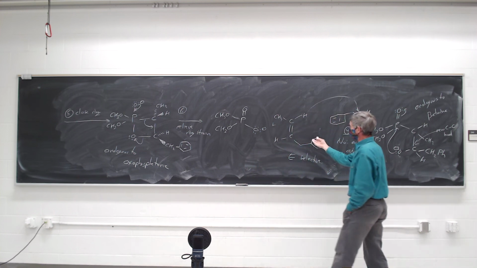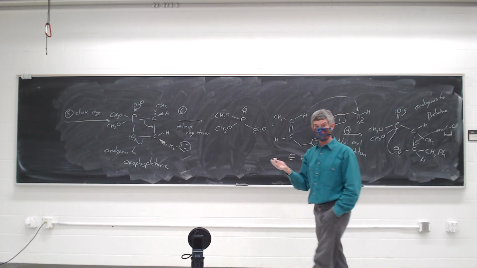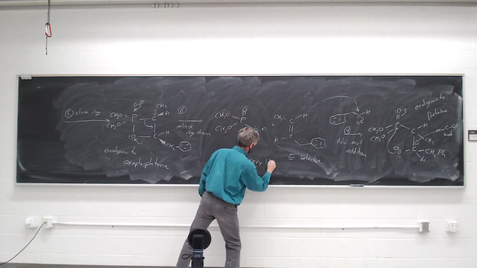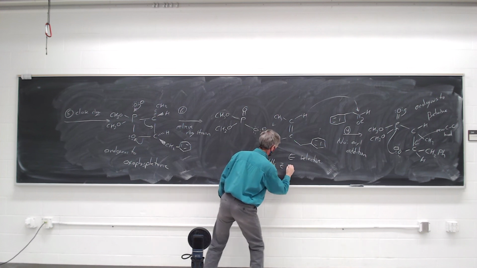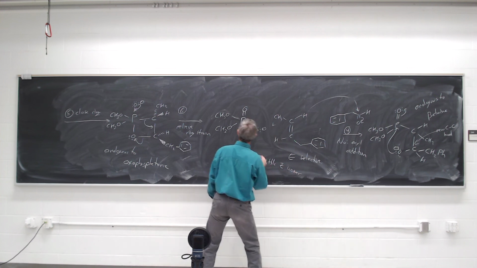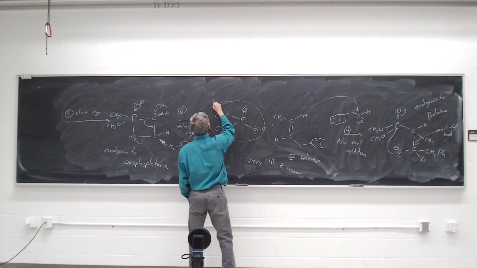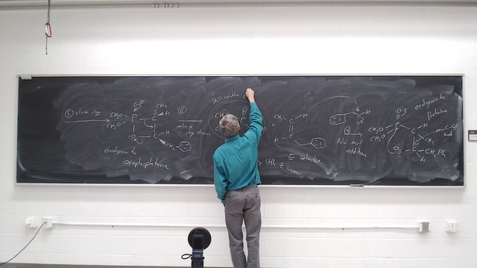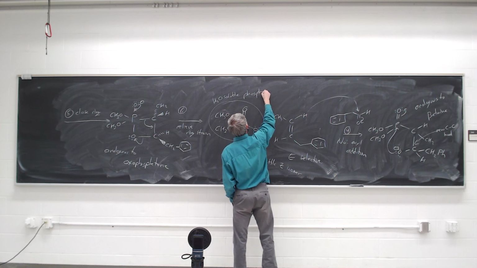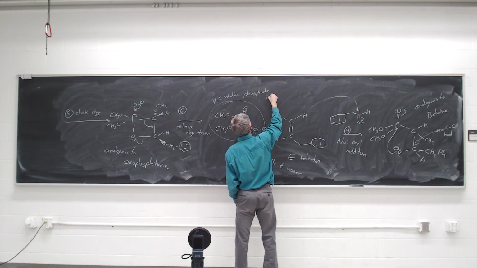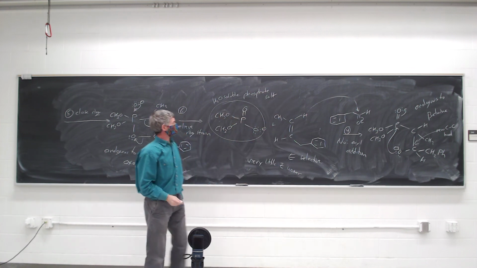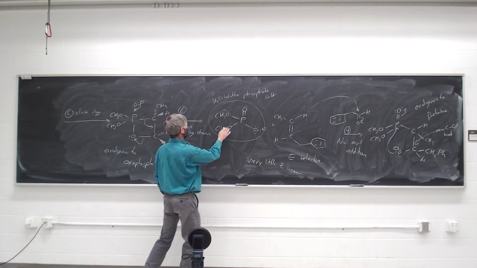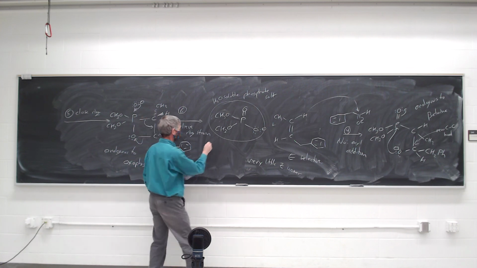In this case, we get the E isomer, and we get a very good yield of the E isomer, very little Z. And we get a water-soluble phosphate salt. Right? This is the dimethyl ester of phosphoric acid.